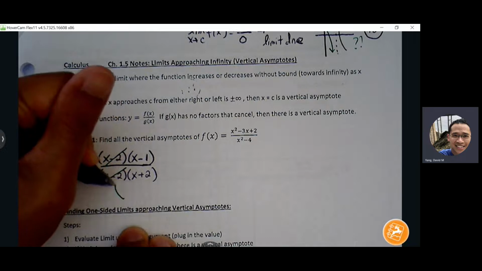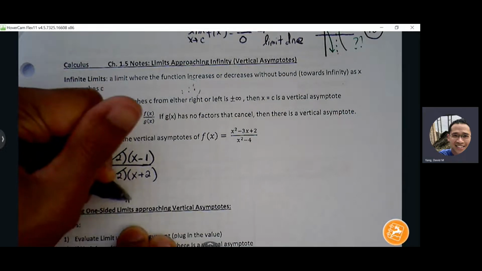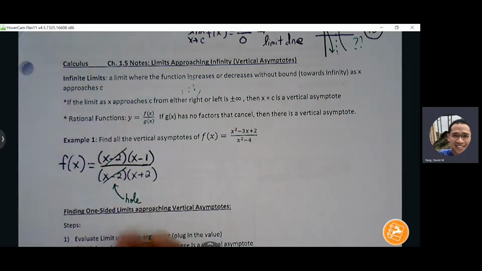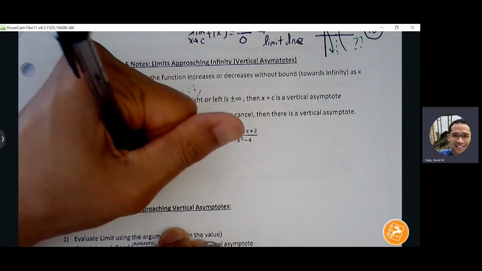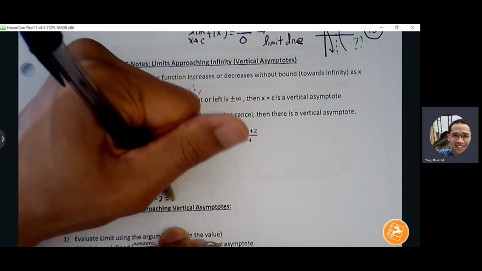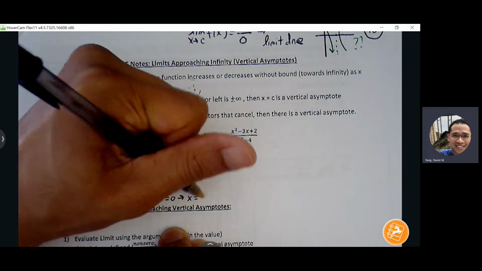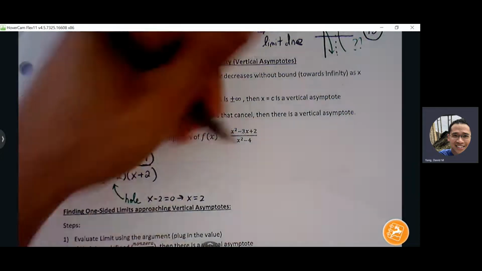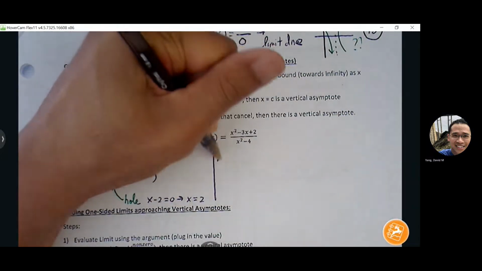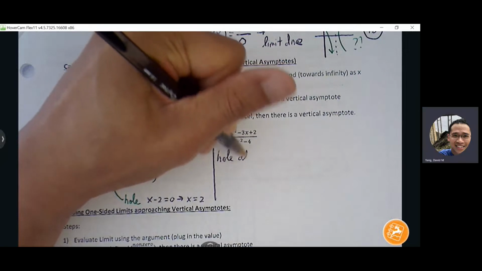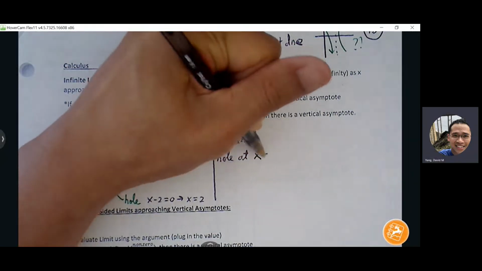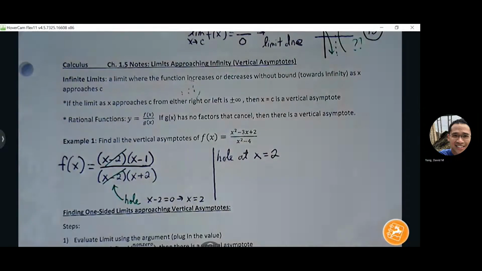Okay, so we know that any factors that cancel out is going to be where the hole exists. And the way you find the hole is you take that factor, set equal to 0, and you solve for x. So x minus 2 equal to 0, x equals 2. So we know that there must be a hole at x equals 2. Okay, a hole at x equals 2.